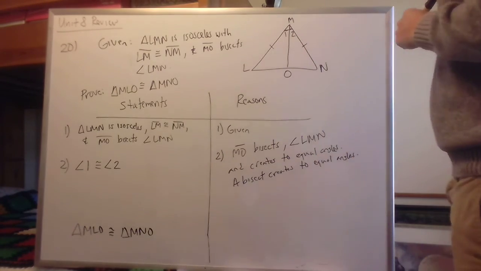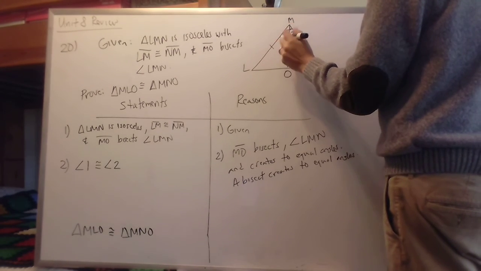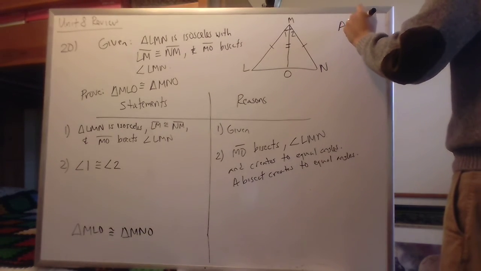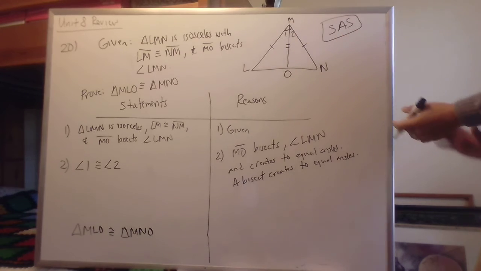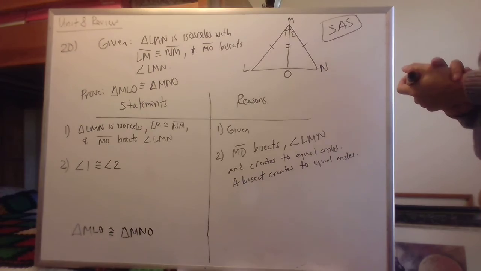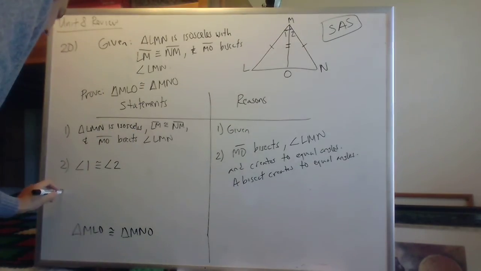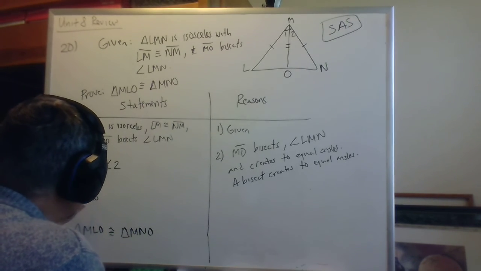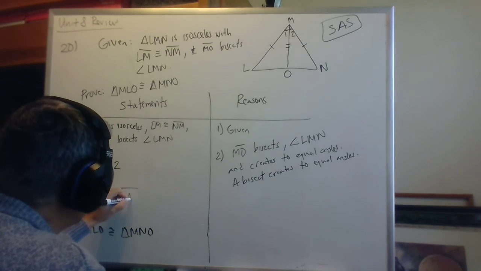Okay, now we have a side angle, and then we're going to say a side. We know side angle side congruency is something that proves that two triangles are congruent. And if we look, the next step, we could say side MO is congruent to side MO.